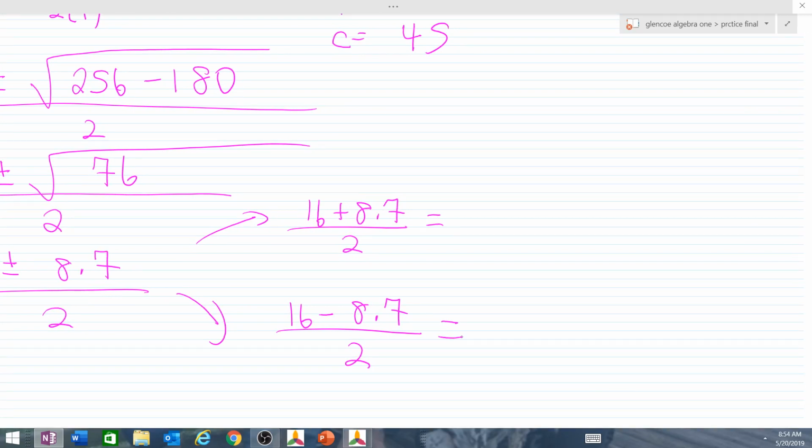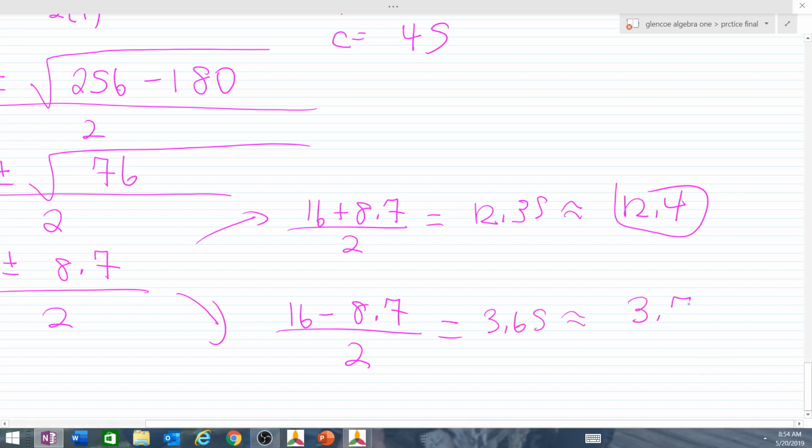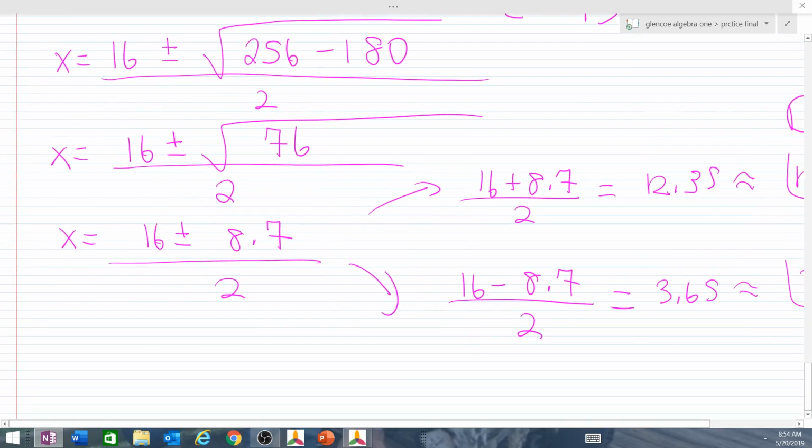Excuse me. 12.35, which you round to 12.4. And 3.65, which you round to 3.7. They left it as 3.6. So it would be choice D. Does that help you? Okay.